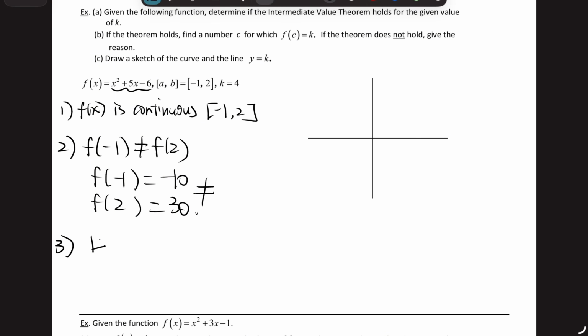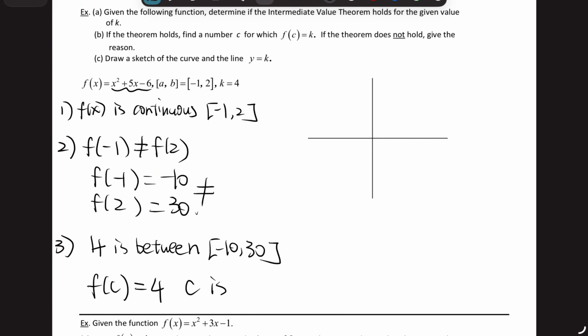Since 4 is between -10 and 30, we can say IVT is met, and there must exist a c such that f of c equals 4, and c is between -1 and 2.